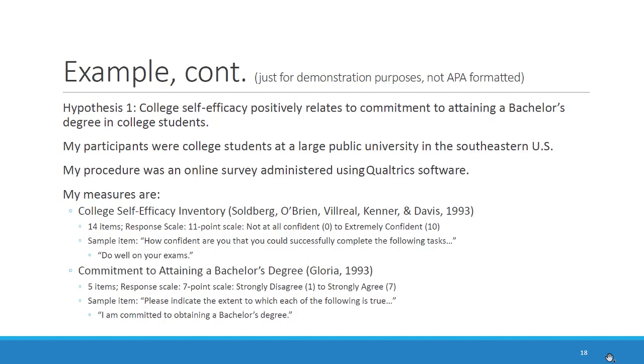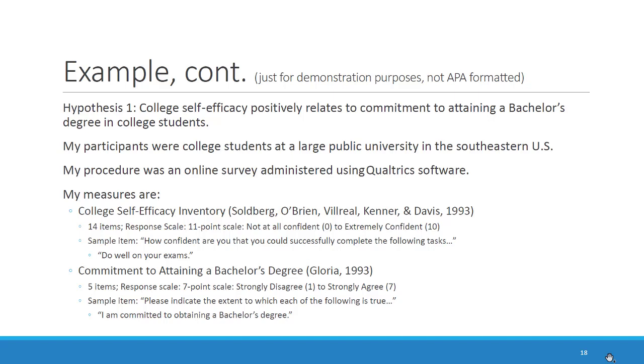The second measure, based on my outcome variable, is commitment to attaining a bachelor's degree from Gloria in 1993. This is a 5-item scale with a 7-point response scale ranging from strongly disagree, which is 1, to strongly agree, which is 7. A sample question is, please indicate the extent to which each of the following is true. I am committed to attaining a bachelor's degree.